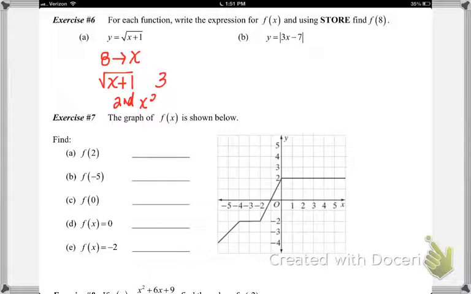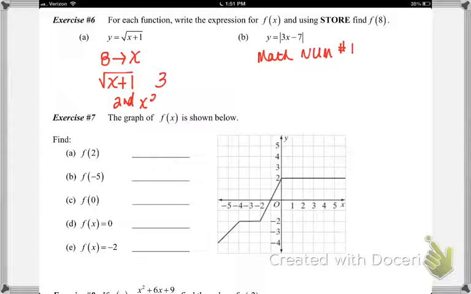Again, we have 8 stored. There's no need to store it a second time. Go to Math, number 1, and that's absolute value.